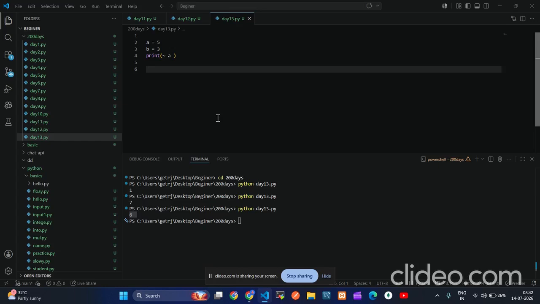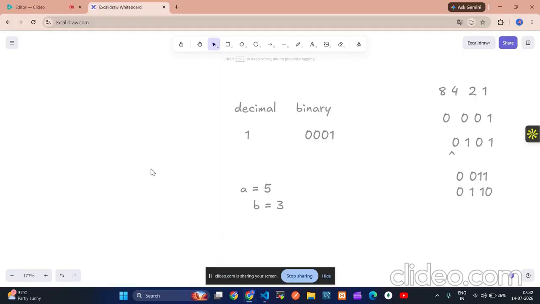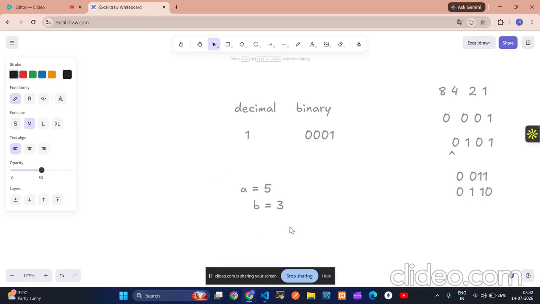Instead of that, a simple trick you can use is: negation of n equals minus n plus 1.